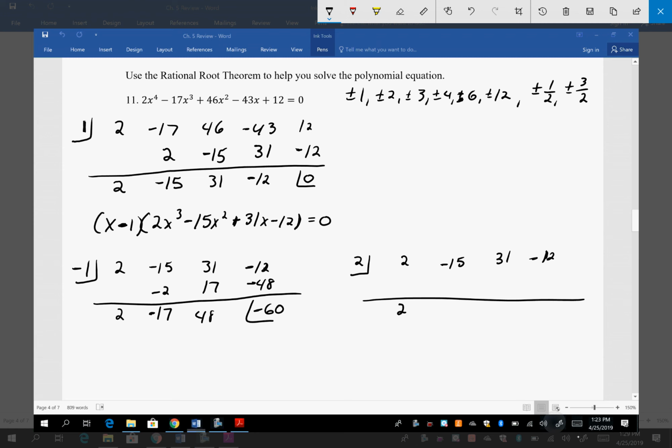Okay, bring down the 2. 2 times 2 is 4. That's negative 11. That's negative 22. Oh, not looking good. What's that, negative 30? Okay. Come on now. Let's try negative 2. Now I'm going to erase, but you should keep going.